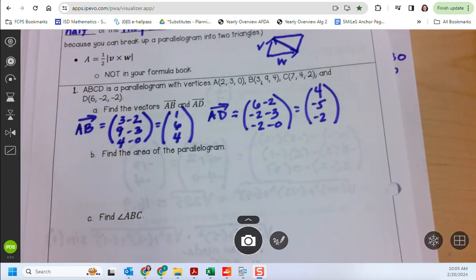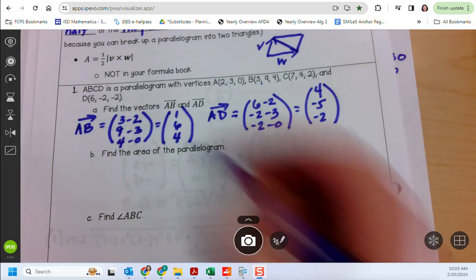Other questions about finding vectors AB and AD? Okay. To find the area of the parallelogram, you should be doing your vector product.